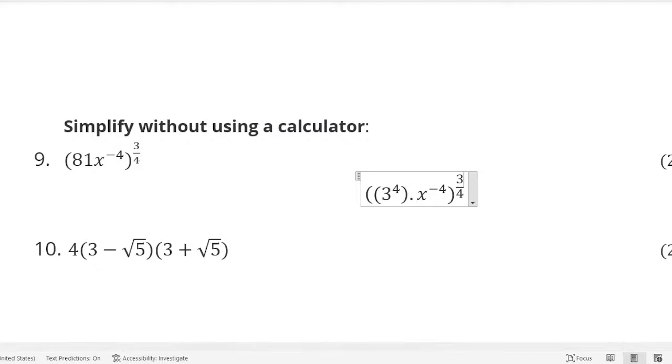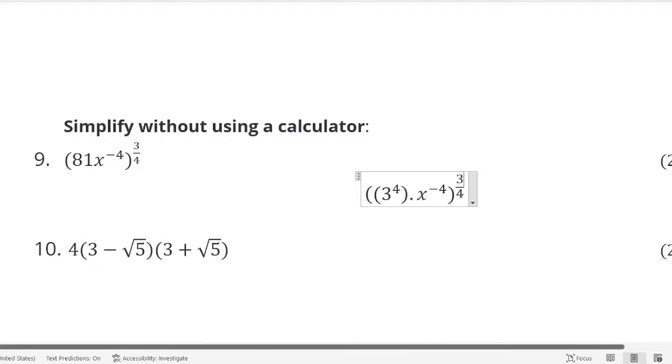In other words, we're going to multiply each term by 3/4.